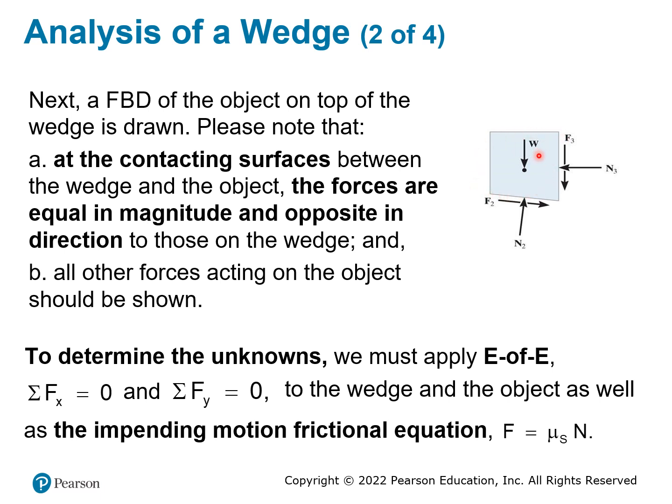Then we can just use the summation Fx, summation Fy, and also the friction force equation to help us solve the problem. Let's look at how we solve these problems in the next slide.